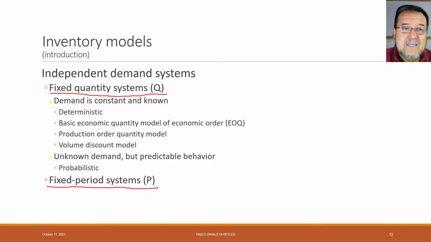In the first case, for example, every time that we go to the supermarket, we buy the same amount. Let's say 2 gallons of milk. And we go to the supermarket every time that we reach a certain level.